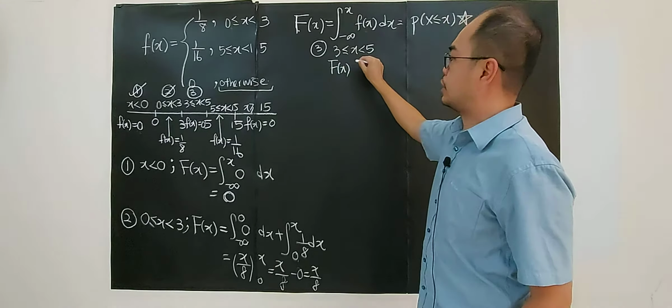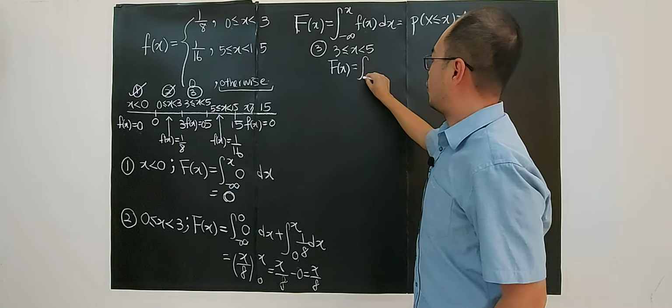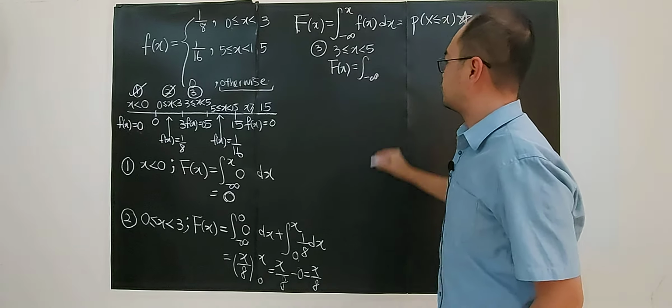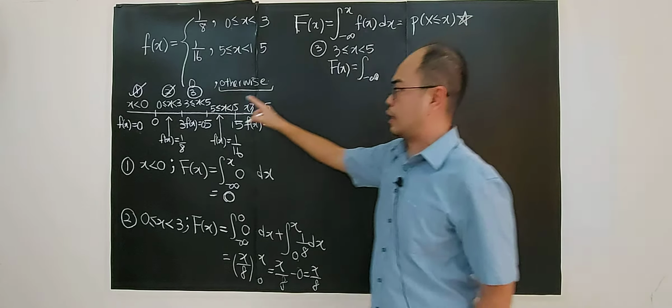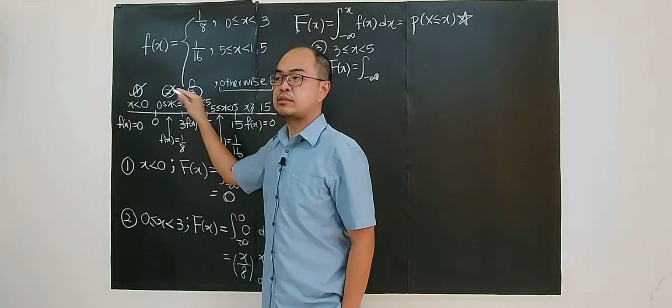Pay attention here. Now you see, I start all over again from negative infinity, because I accumulate.